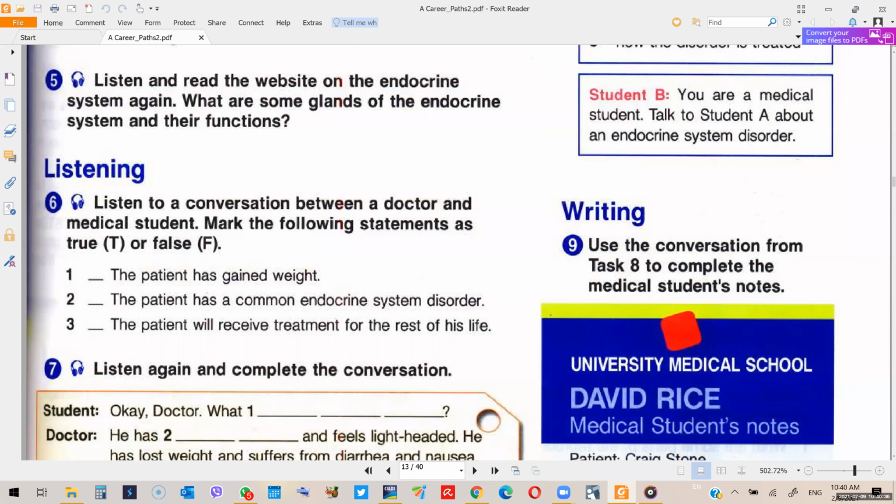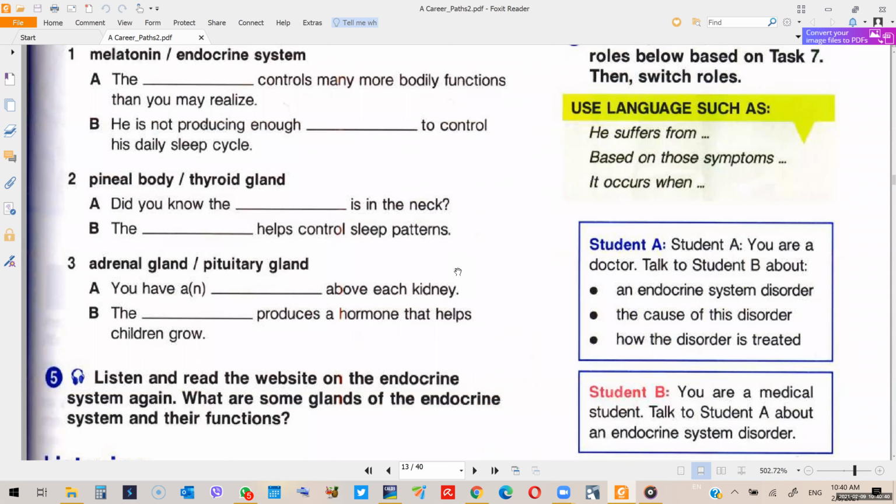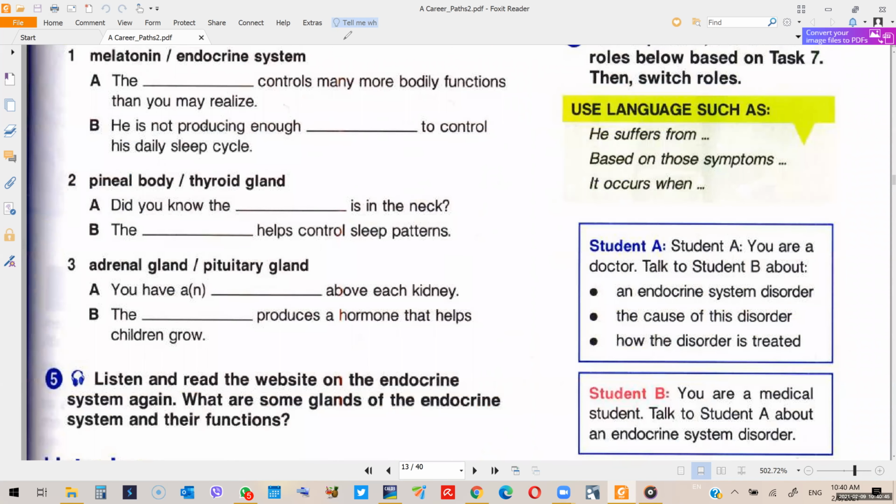Look at these issues. So if I ask, what are the symptoms of Mr. Stones, or what are the symptoms that Mr. Stones is suffering from? So you say he suffers from diarrhea, nausea, and loss of weight.